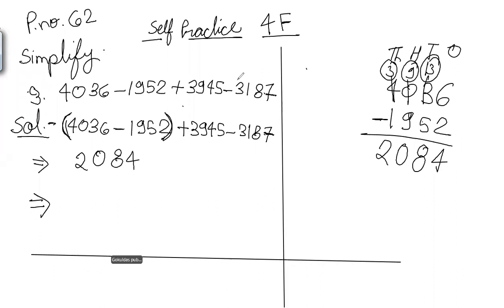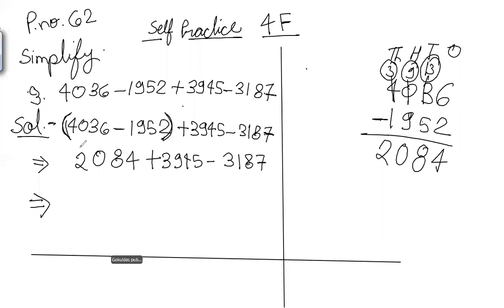Okay, after solving this bracket, we got 2084. Now note down the remaining part of the question, which is plus 3945, then minus sign, then 3187. Okay, now again 3 numbers are there, 2 operations are there.